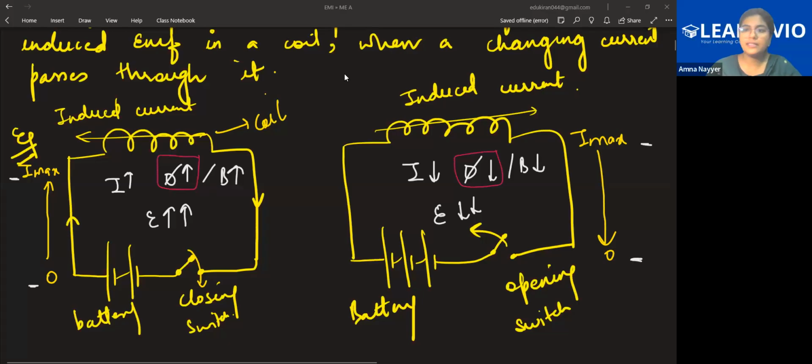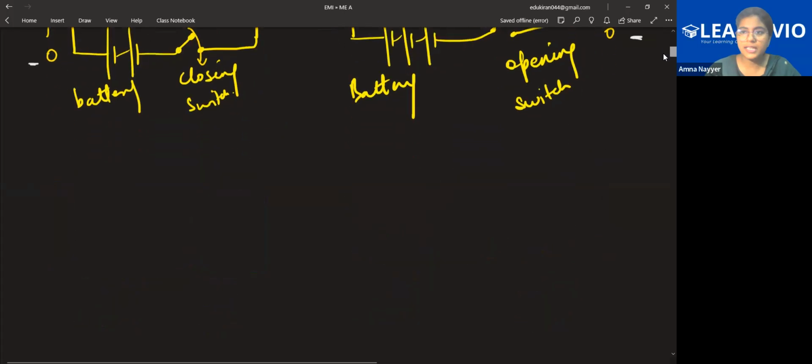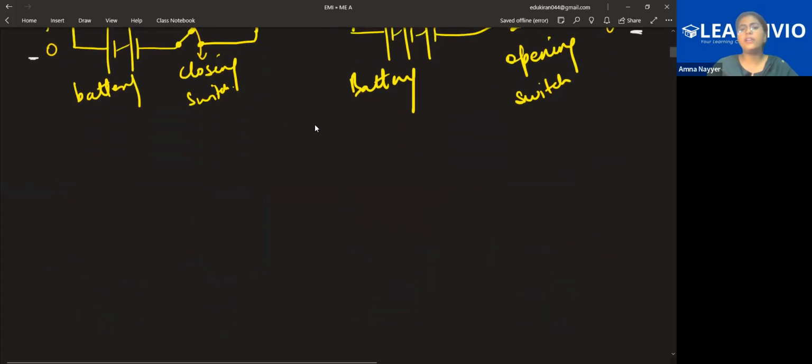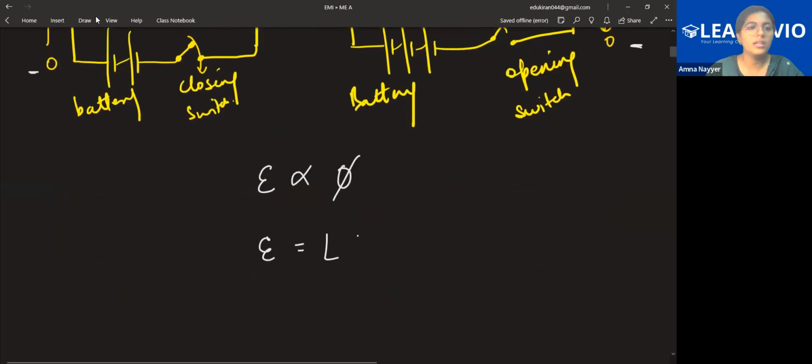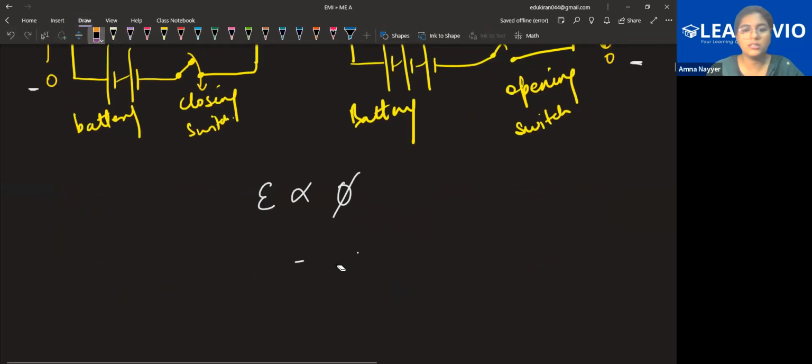Okay, let's continue further. See, we have already studied that EMF is directly proportional to the flux. Now here, when we remove the proportionality sign, you will see that a constant is there. One more thing before this, one step I have missed.